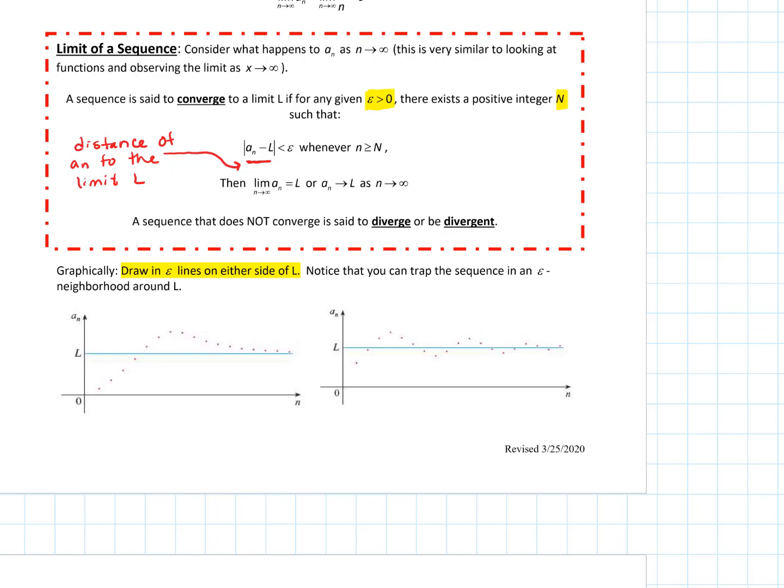That's what our definition of the limit is: the terms get so close to their limit because we can make that distance as small as we want, as long as we let n, the index, be greater than or equal to this integer N.